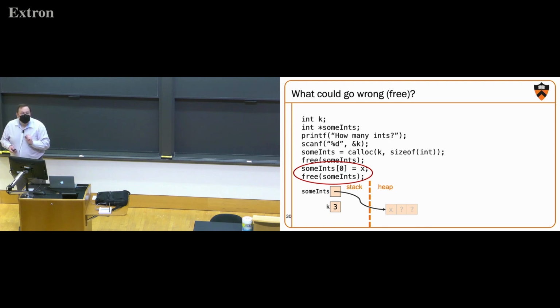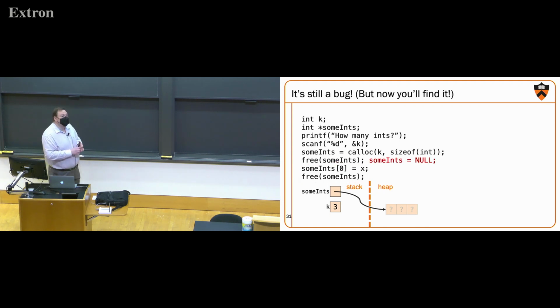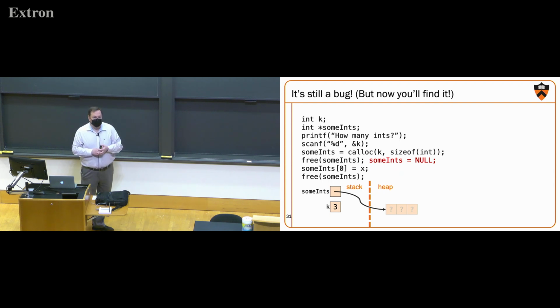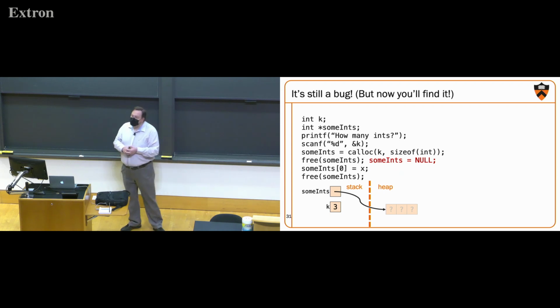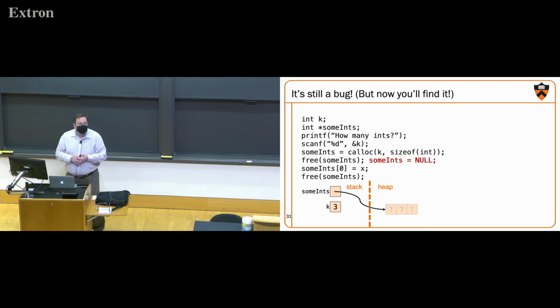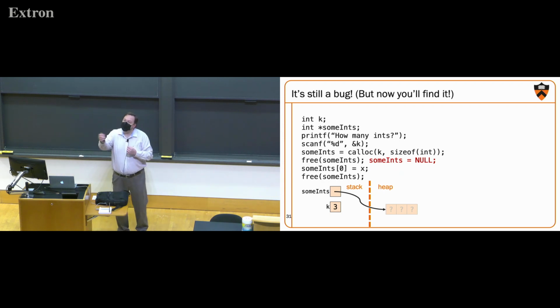And so we have a suggestion for this, which is after you free some pointer, you go ahead and set that pointer to null. So now what's going to happen is that if you do this next line, you try to store through that pointer, you're now dereferencing the null pointer, and that you never get to do. At that point, your program will crash.